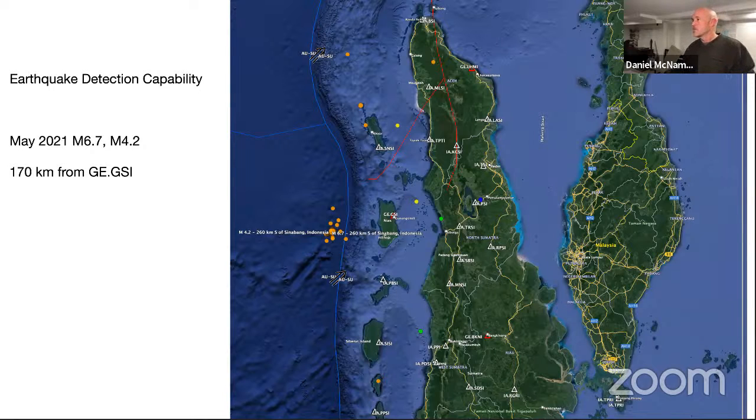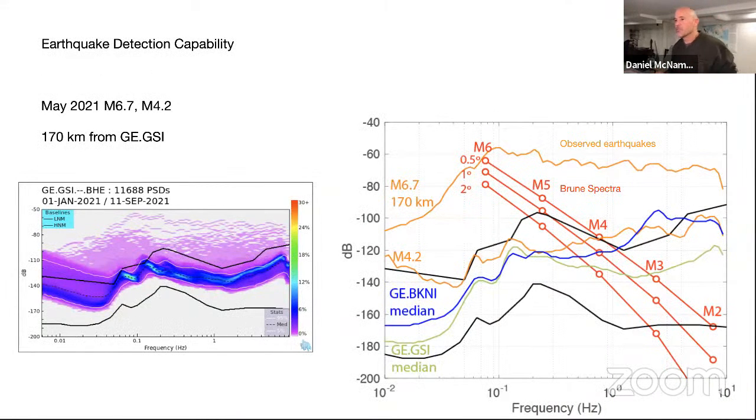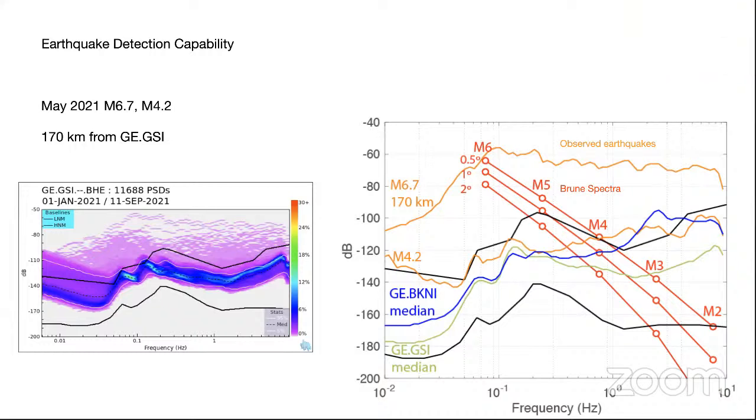Okay, so moving forward, this is kind of a busy plot, but the plot to the right shows, in the orange lines, the PSDs for those two earthquakes. There's a magnitude 6.7 at 170 kilometers from station GSI.